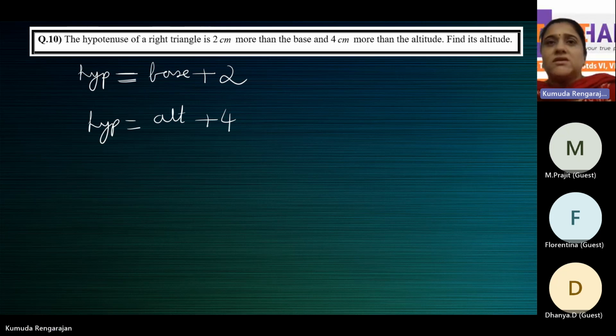In the same way, hypotenuse is 2 centimeters more than the base. Again, hypotenuse is 4 centimeters more than the altitude. That is given like this: hypotenuse is 2 centimeters more than the base and 4 centimeters more than the altitude. Both are about the hypotenuse only. Instead of using the word hypotenuse again, they use the word and.